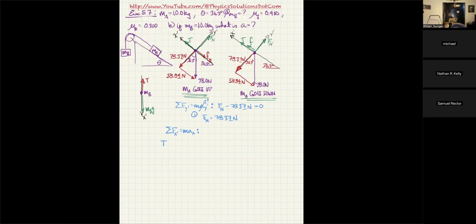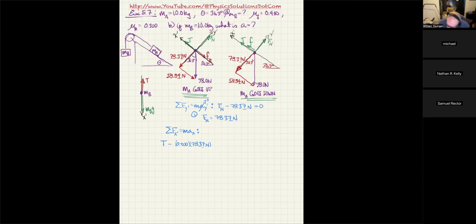T minus, now the kinetic friction would be 0.400 times the normal force, which is 78.37 newtons.